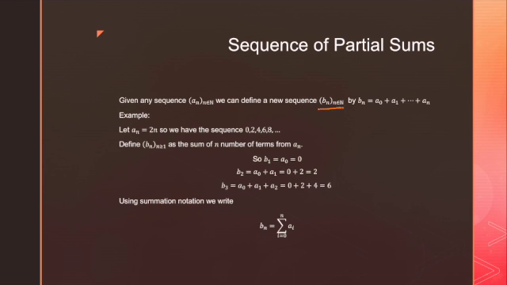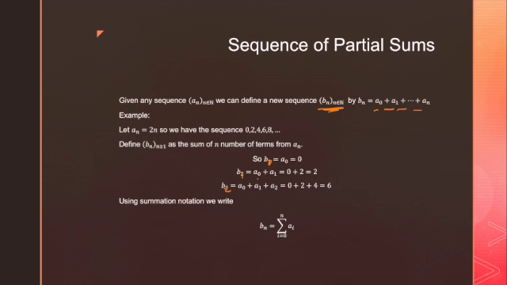So, given a sequence, we can define a new sequence, right, where each term is the sum of the elements in A. So let's let a sub n equal 2 times n. So we have the sequence 0, 2, 4, 6, 8. So b sub 0 equals a sub 0.